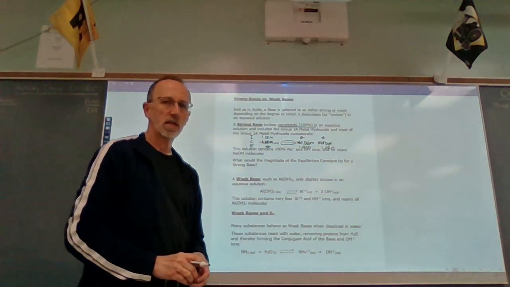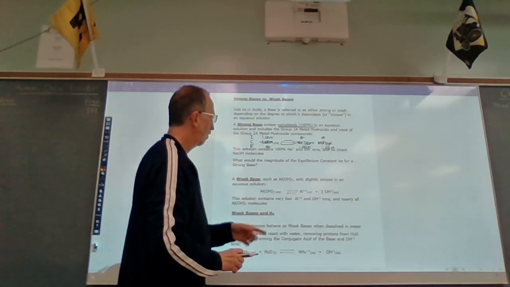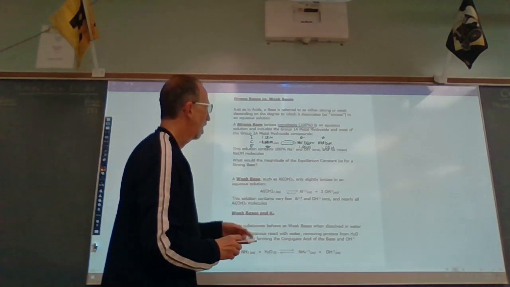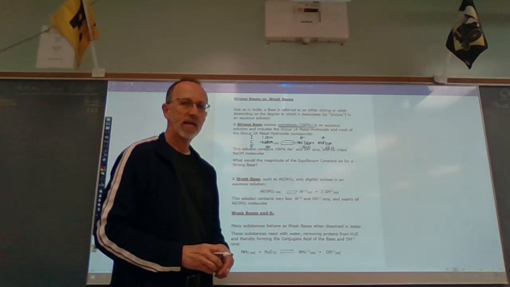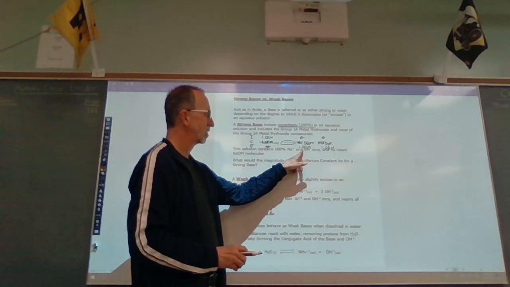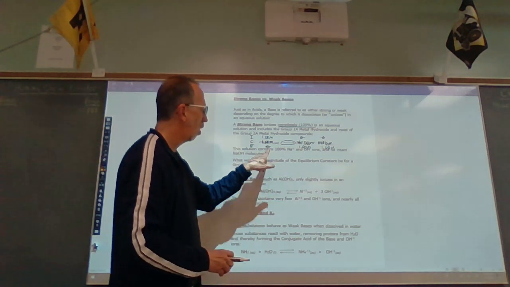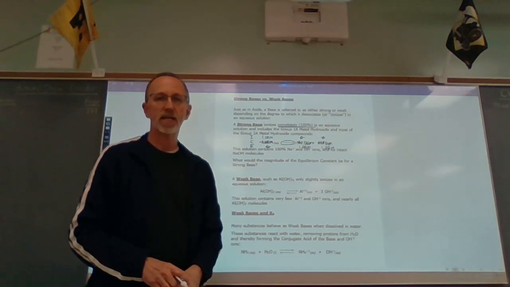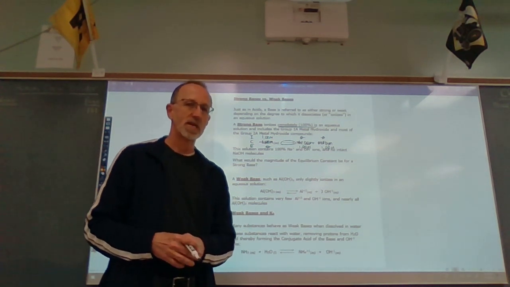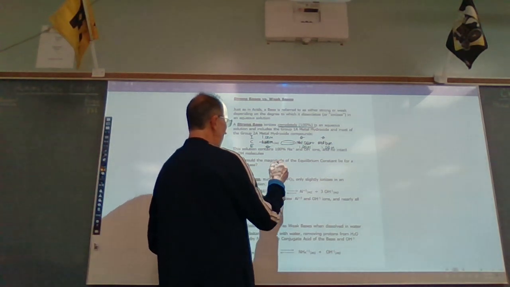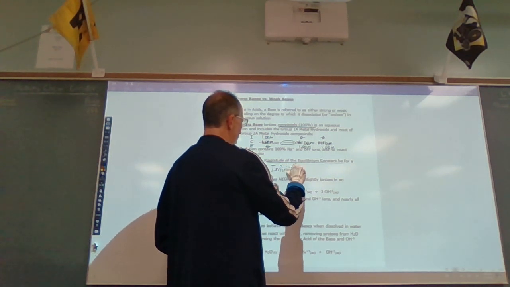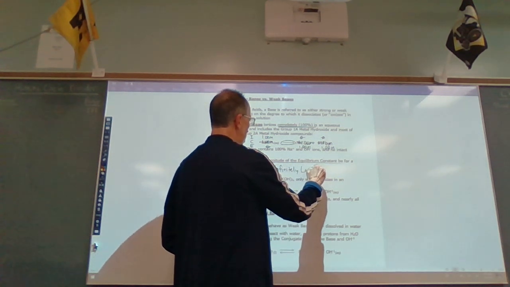And just like last lesson with strong acids, if we were to set up a K for this equation, I won't do it today, but K would have been equal to 1.00 times 1.00 over 0, which gives us an undefined value. But what does undefined mean? It means undefined in terms of how big it is. So once again, the magnitude of K would be infinitely large, or humongous.